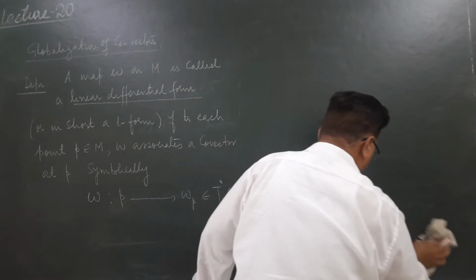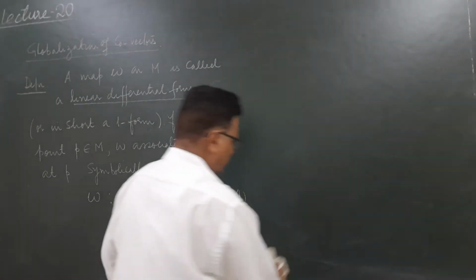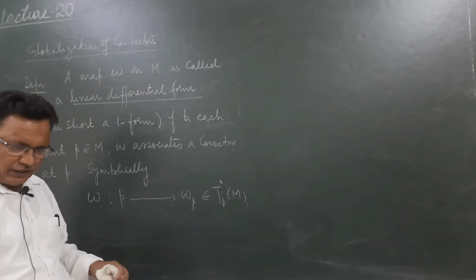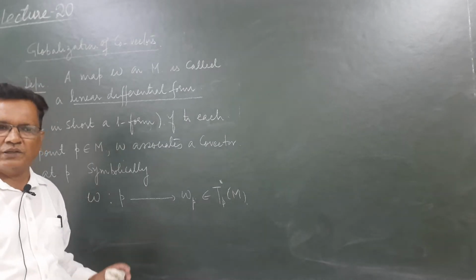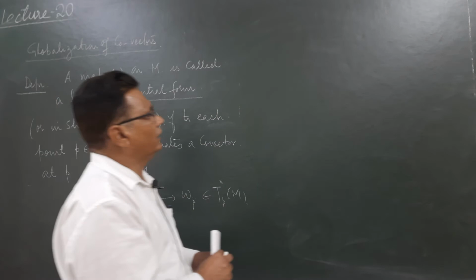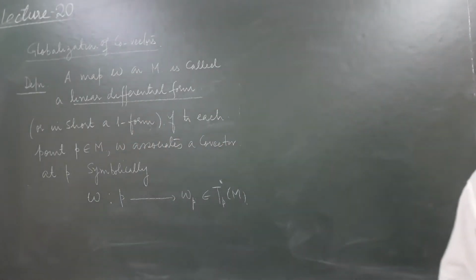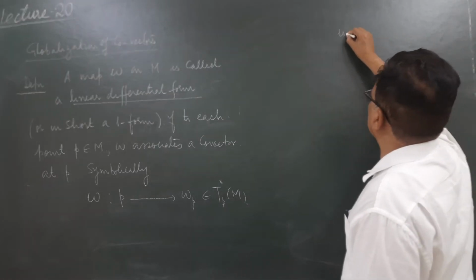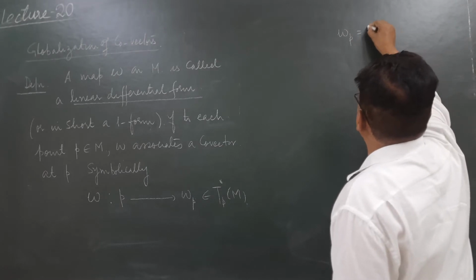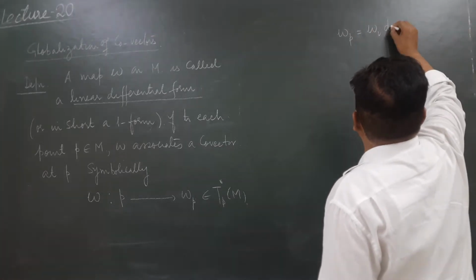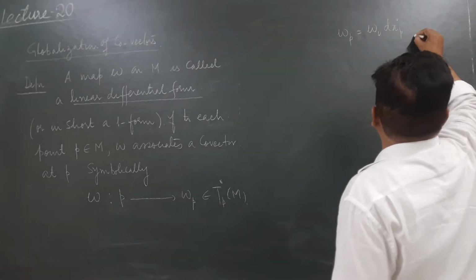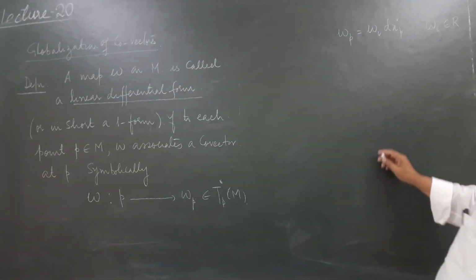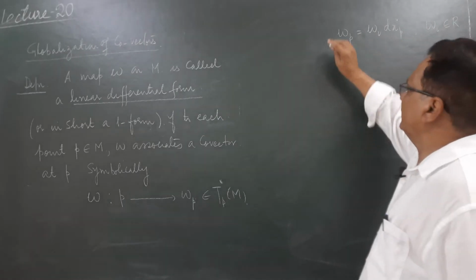Now let us see what its expression should be. Just as you found the expression of a covector at every point, you can at least in a coordinate neighborhood find the expression of a linear differential form too. So now I will think of the expression for omega. See how I have written the expression of omega p: as some scalars omega i's into dxi at p, where the omega i's are scalars, real numbers. Okay, and this expression I have written in a coordinate neighborhood.